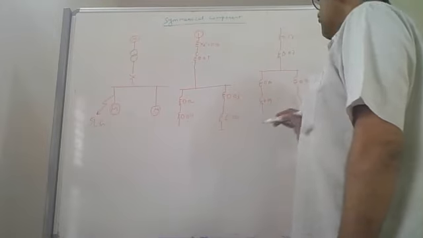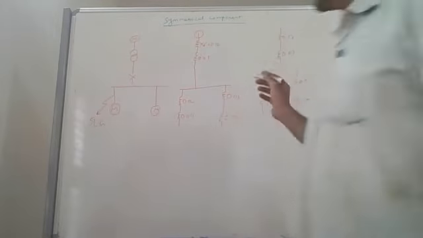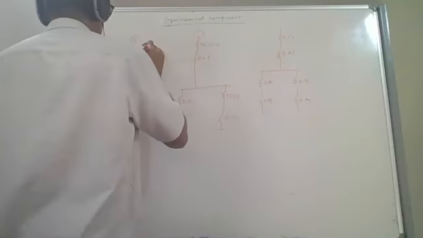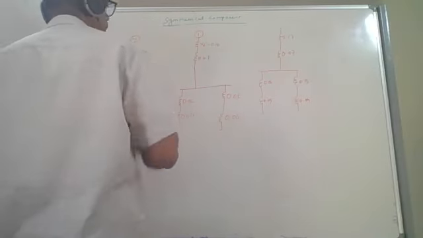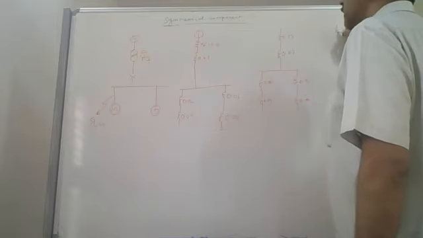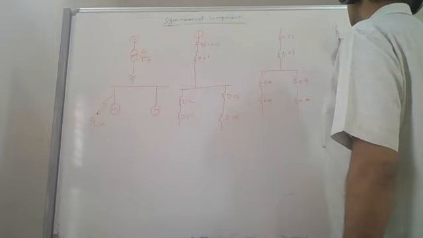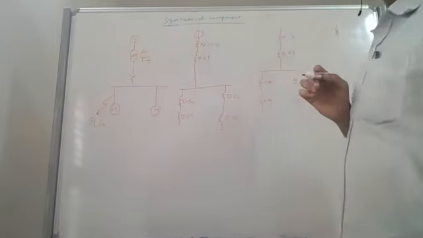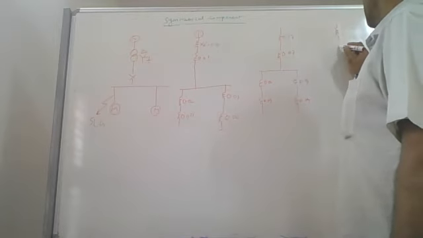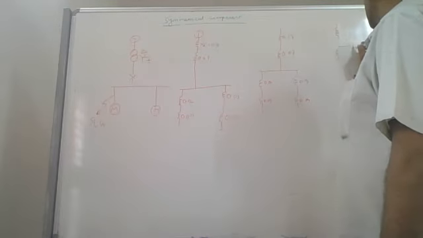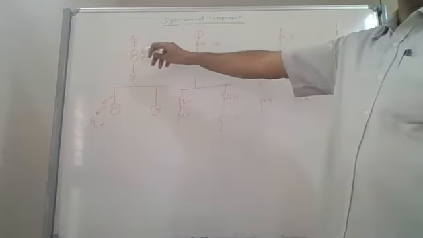Now next, I have to add similarly for the transformer. Let's assume it is a delta star grounded transformer. So I will add here. This is the system. Now what will happen to the transformer here? This will become open, because there is a delta here.